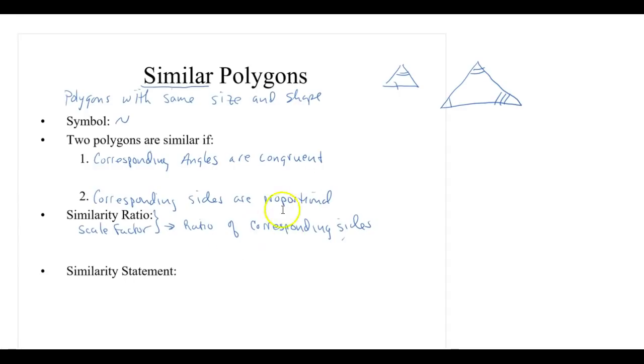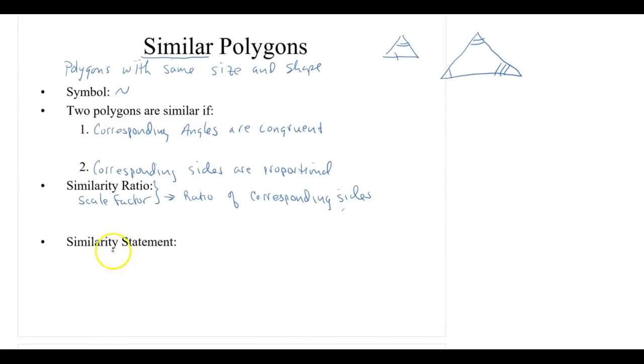So, similarity statement. Anytime we have a similarity statement, we state two polygons are similar. So we would say polygon ABCD is similar to polygon EFGH.